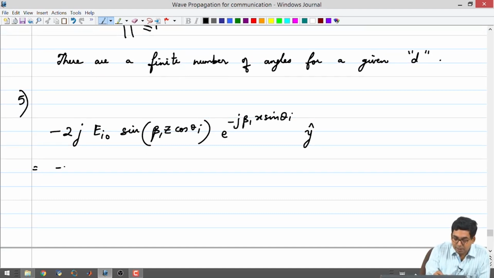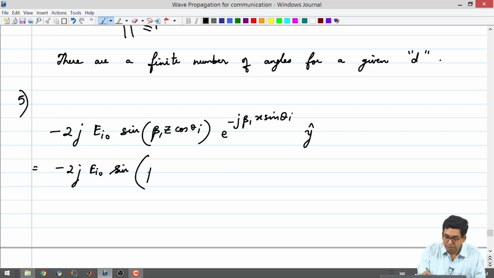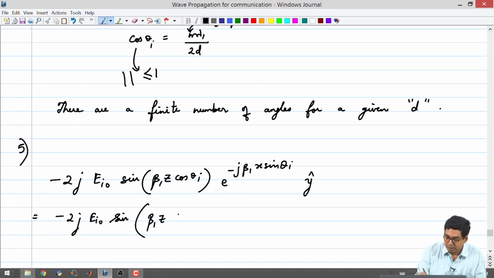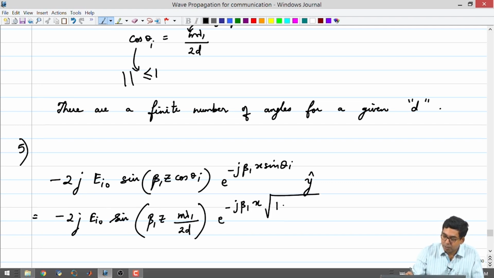So, I can just say that this is minus 2j E I naught sin of beta 1 z m lambda 1 by 2d times e to the minus j beta 1 x square root of 1 minus (m lambda 1 by 2d) squared.